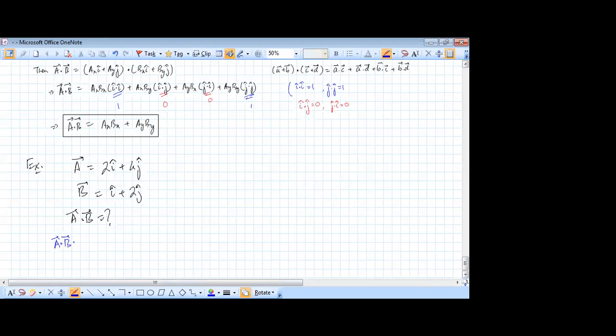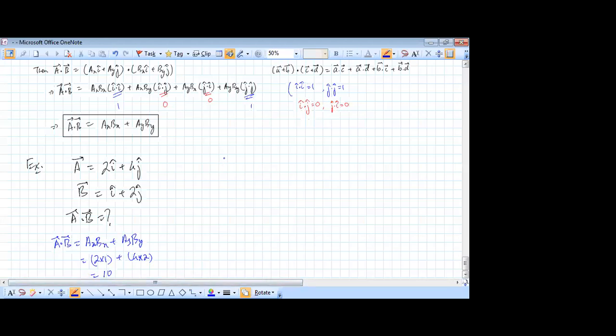A dot B will be Ax Bx plus Ay By. So that will be 2 into 1 plus 4 into 2. So 2 plus 8, 10 हो जाएगा.